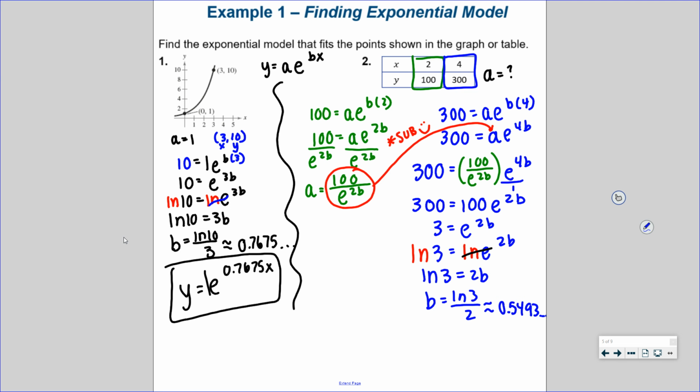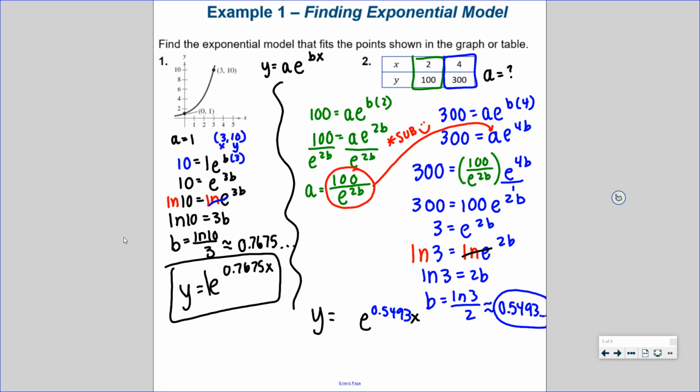Okay, so you kind of want to circle that. If you want to get a template of your model started, you're like, okay, I know b is 0.5493 to the x. Now I still need to find my initial amount, my a.